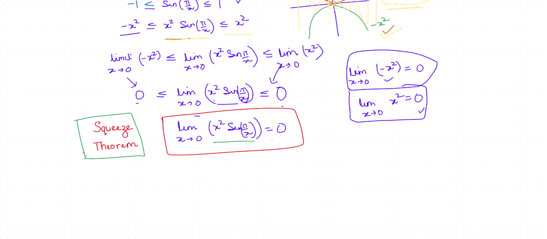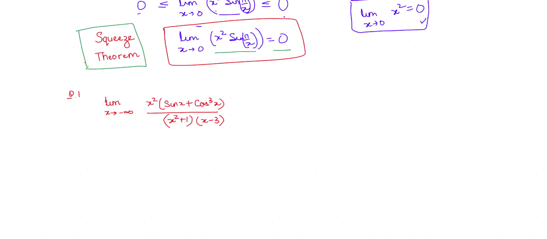Now let's try to do more complex problems. Hello. So this is our next question and it seems to be a little challenging, but we'll break it into parts and find the limit, and we'll use the squeeze theorem for this.